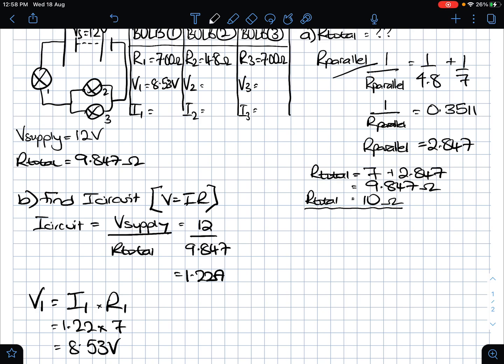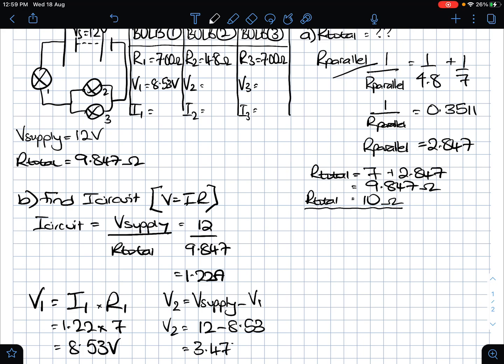And then the voltage going through 2, well, the voltage going through both of those parallel branches will be whatever's left out of the supply voltage of 12. So the voltage going through bulb 2 is going to be the supply voltage minus the voltage used in bulb 1. So that's going to be 12 minus 8.53, which is going to give us 3.47 volts.